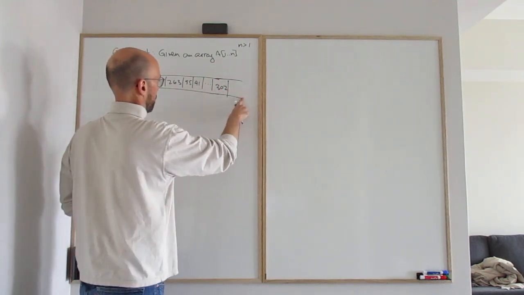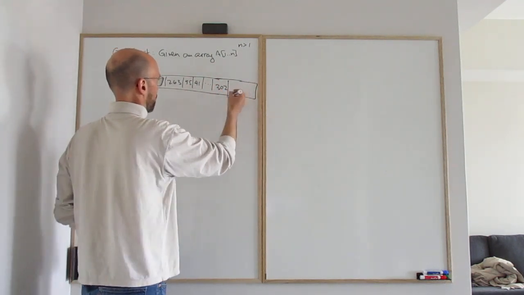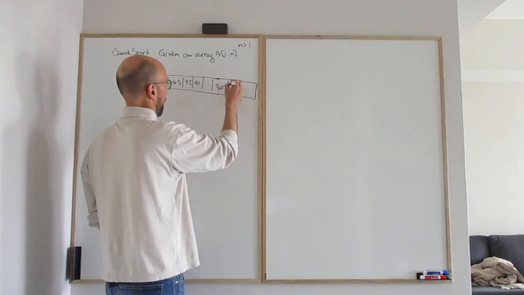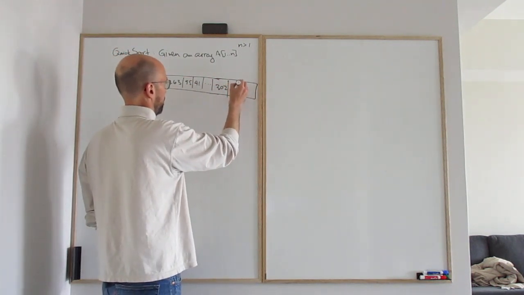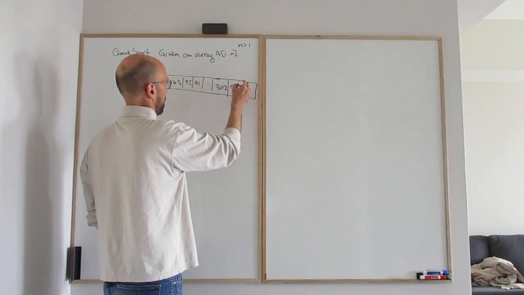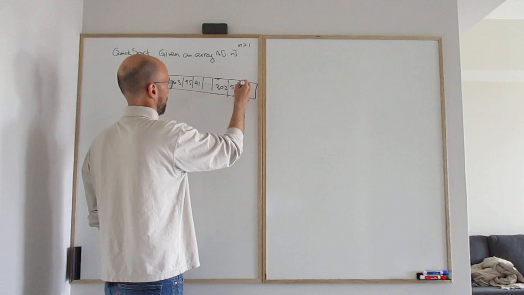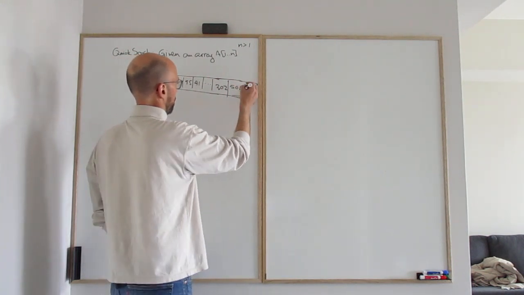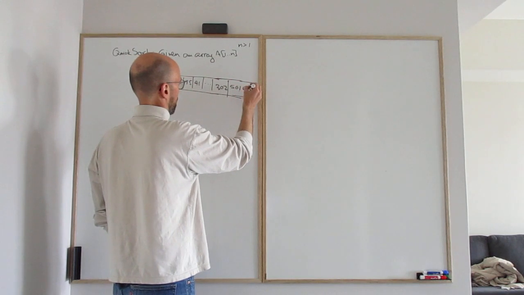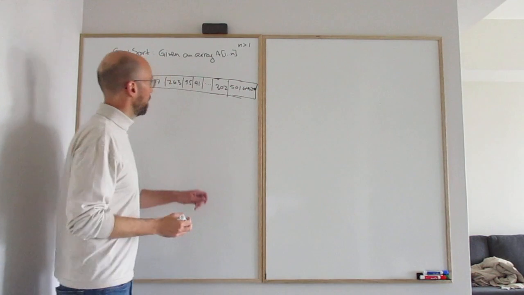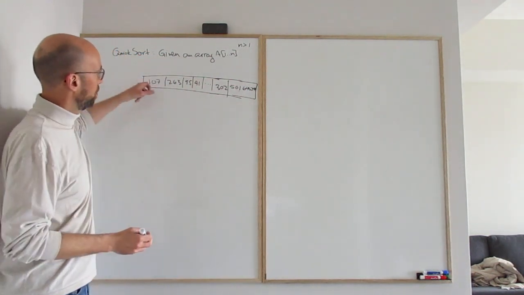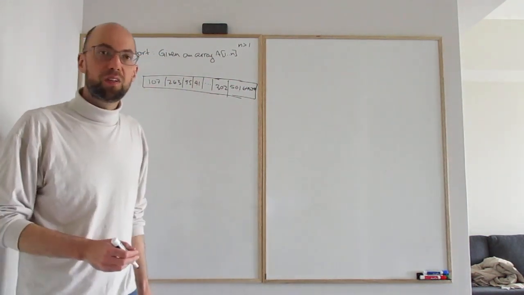Let's move this even further over. And then here I have 501 million, 501,643,247, something like that. So I have all these relatively little numbers.